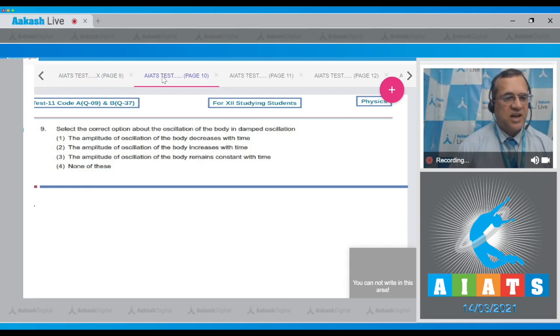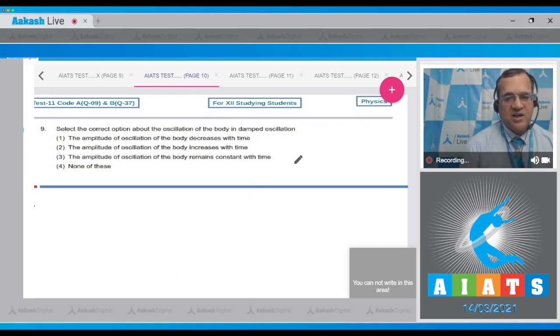Now question number 9: select the correct option about the oscillation of a body in damped oscillation. The first option: the amplitude of oscillation of the body decreases with time. The amplitude increases with time. The amplitude remains constant with time. None of these.